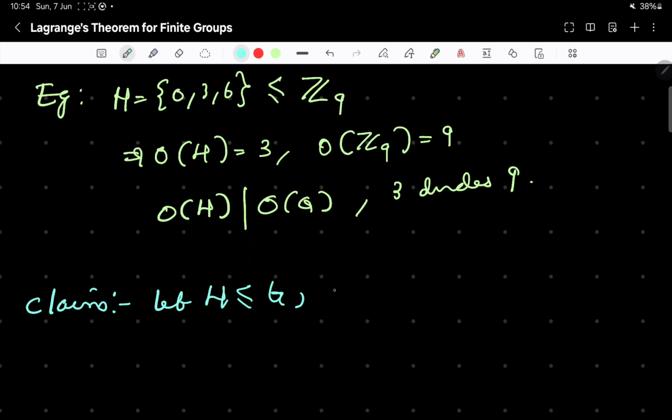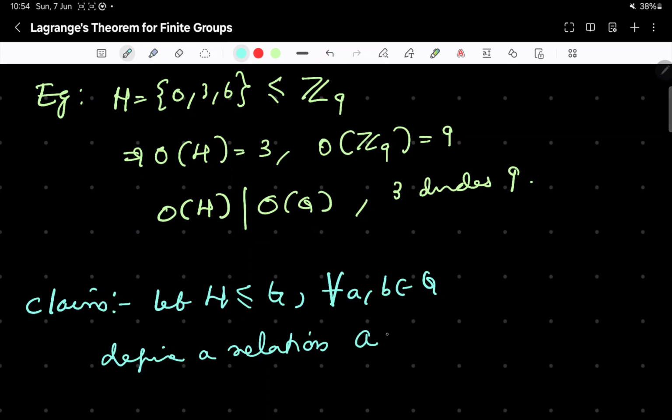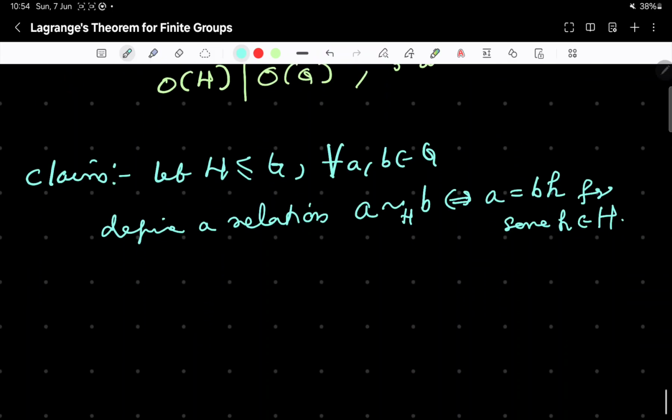Then define a relation, for all a, b in G. The relation I denote by tilde H. So a is related to b if and only if a is equal to bh for some h in H.